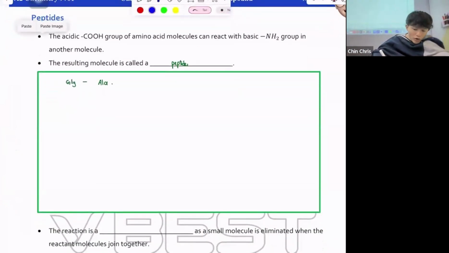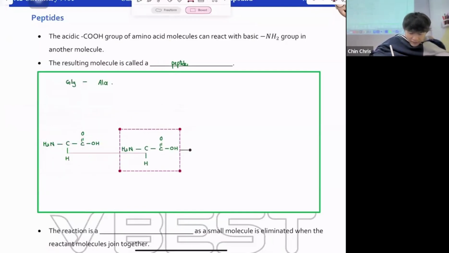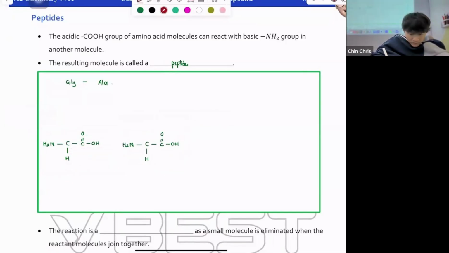Okay, so guys, how to draw a glycine? Okay, so we're going to draw a glycine added with Ala.